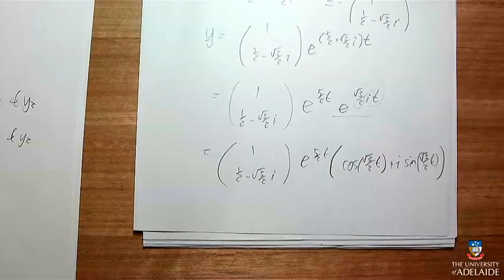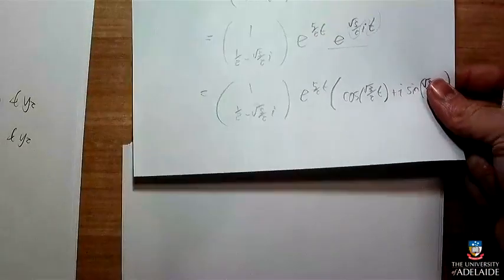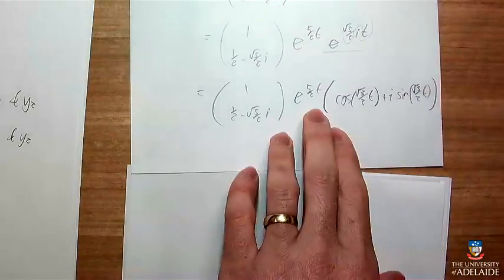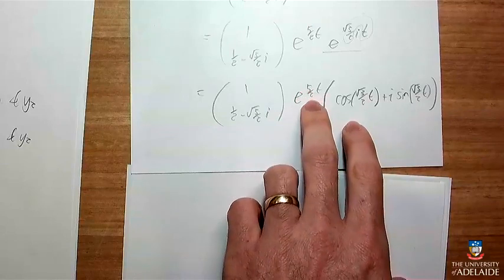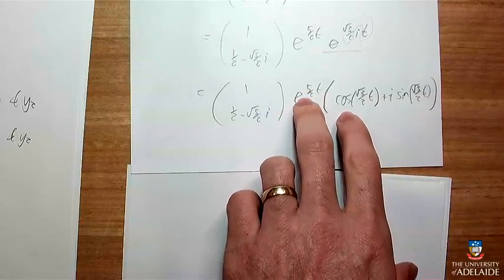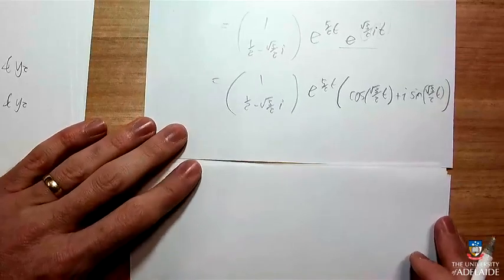That's the definition of what e to the something i is. All right. So this e to the 5 on 2t is a real number. It's not going to affect whether something's imaginary or not when I multiply by it, so I can just not deal with it until later.